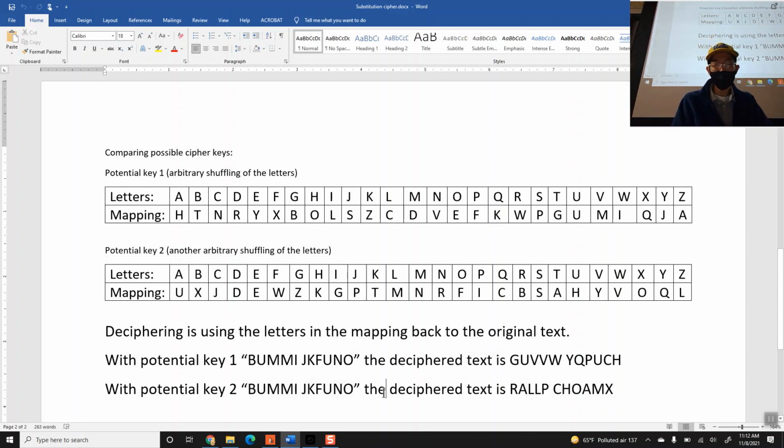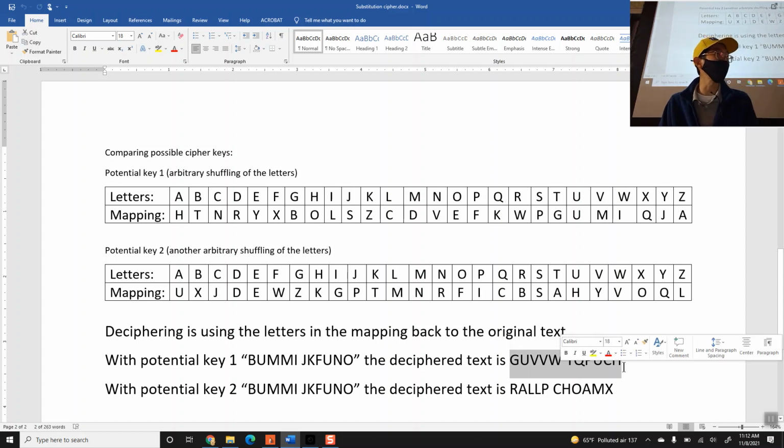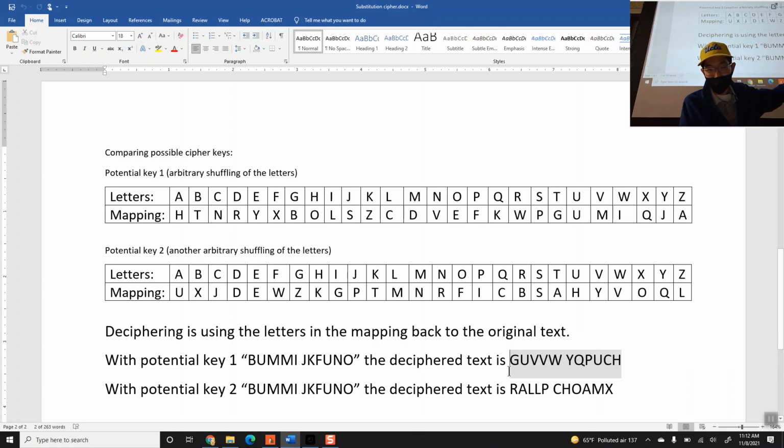Now, are either of these keys correct? Obviously not. Well, not obviously not. There is a very small but non-zero probability that this is the original text they wanted to transmit. Maybe it was a license plate, some gibberish thing, and this could be the original message, GUVVW, and when they ciphered it, we ended up getting this.